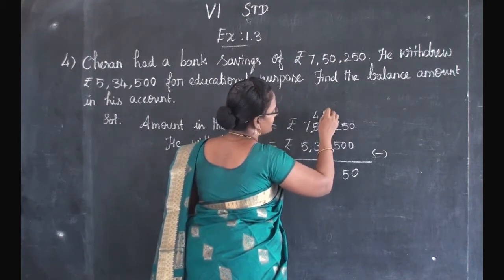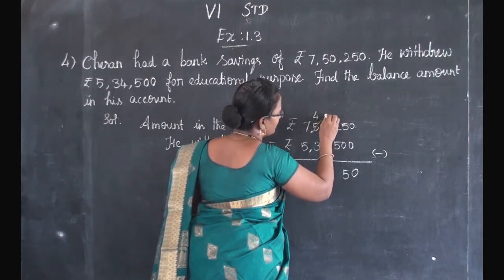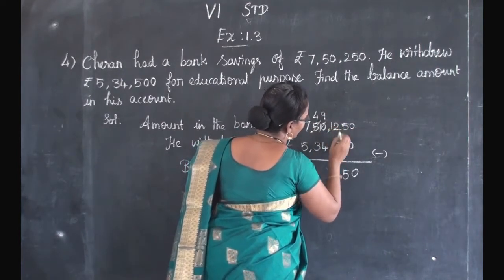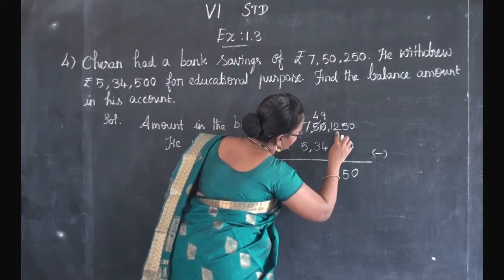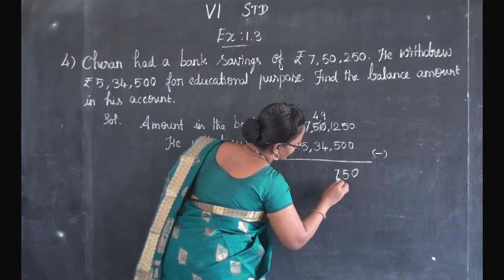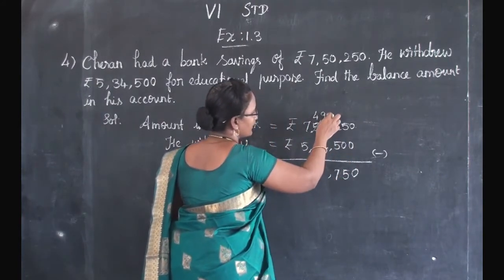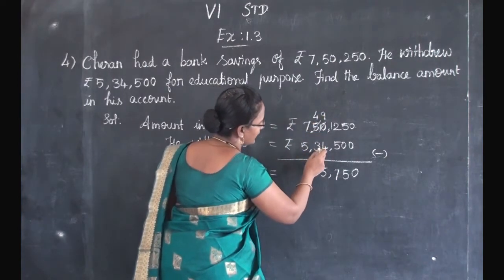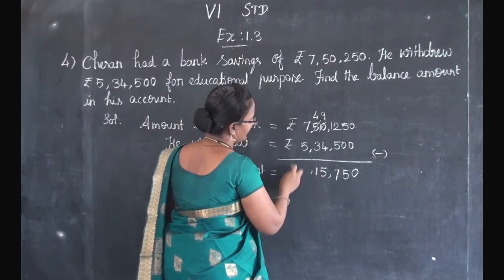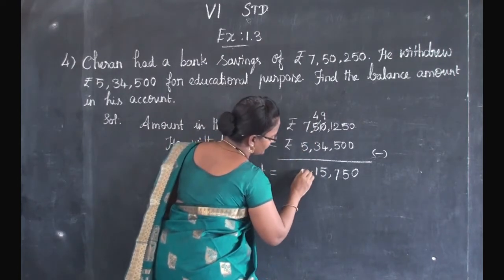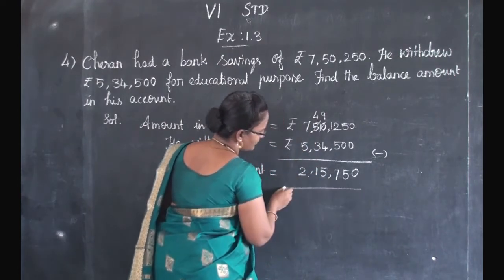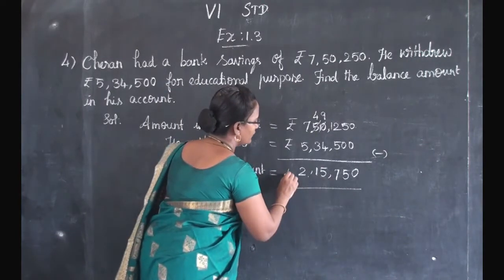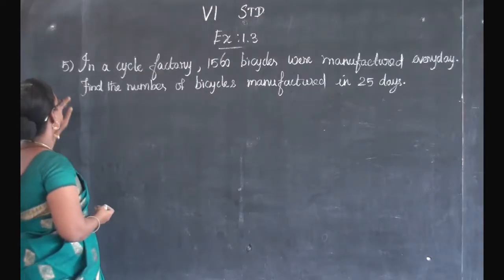And again from 10 we borrow 1. So it becomes 9. And here it will become 12. So 12 minus 5, 7. And here 9 minus 4, 5. And 4 minus 3, 1. And then 7 minus 5, 2. So the balance amount is 2,15,750 rupees.